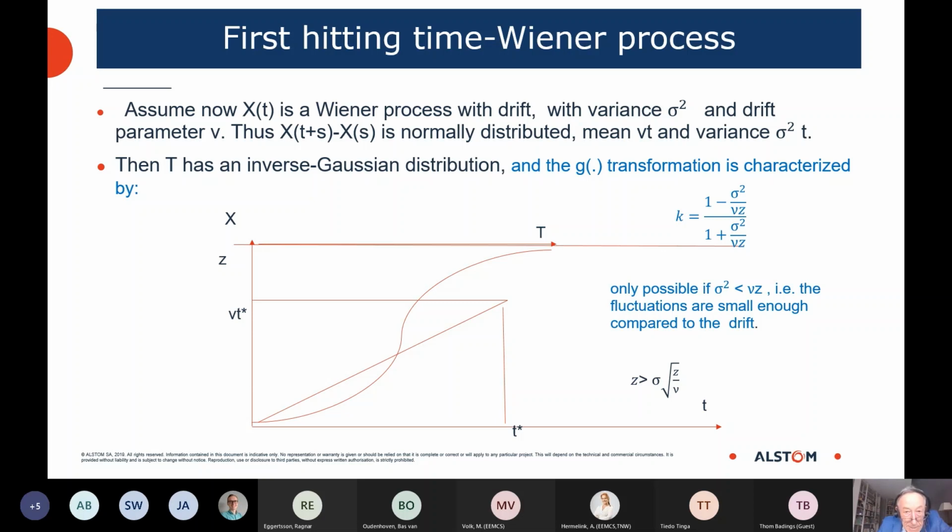And in fact, this shows that the standard deviation of the time to reach is less than the average. So what does it mean? If the fluctuations were too high, we would not be sure to actually reach this point. And so this is how the transformation would not work. But when the fluctuation is smaller, then it can work out and can be very useful.